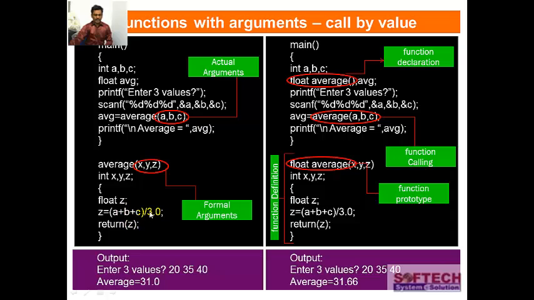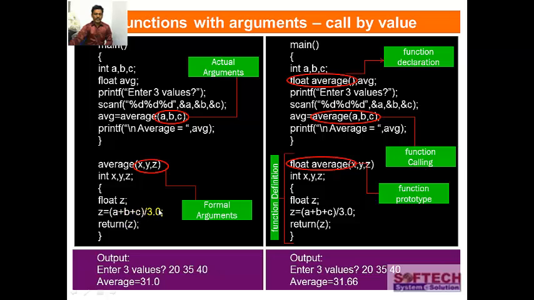Then the division is executed. Here x, y, z are integer variables, so the sum will be integer, that is 95. But it is divided by 3.0, and 3.0 is a float. Integer and float yield float.